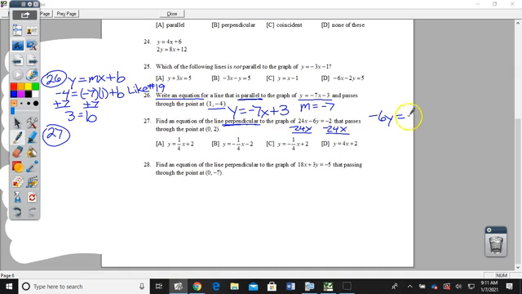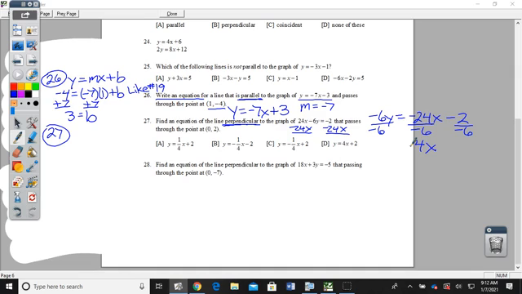Subtract 24x to the other side, and then divide by -6. What is -24 divided by -6? 4x. So my slope is what? 4. Is that the slope I'm using though? No, remember we want it what? Perpendicular.